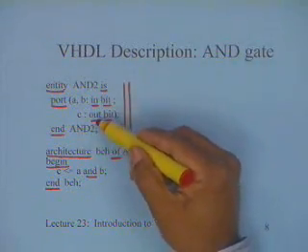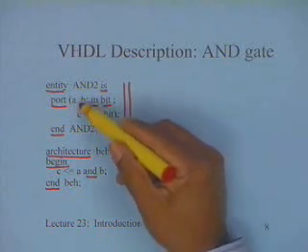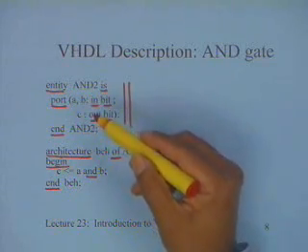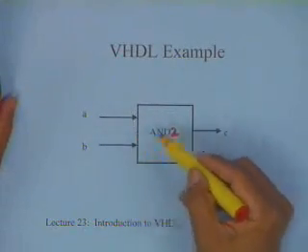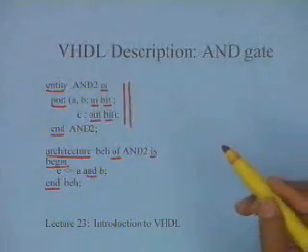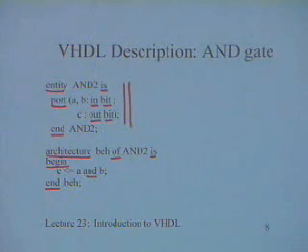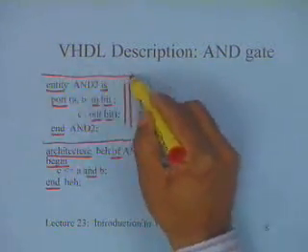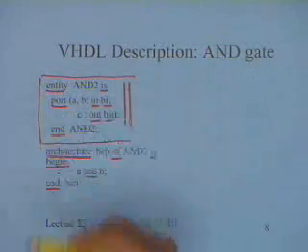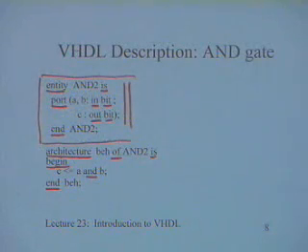C is an out, of type bit. So A, B and C are called the ports in VHDL, and these are the ports of this component. A and B are input ports and C is an output port. You can also have bidirectional ports, which are in-out ports. So that defines the entity, which is the interface of the AND gate.